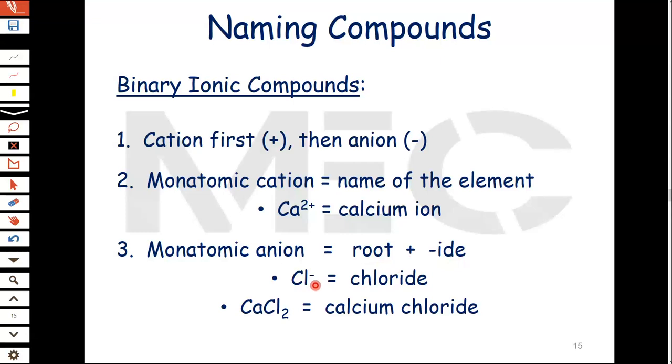So chloride, as I mentioned earlier, we add IDE at the end of the root name. So to name a binary ionic compound, we first name the positive ion or cation, and then name the anion. So calcium chloride.